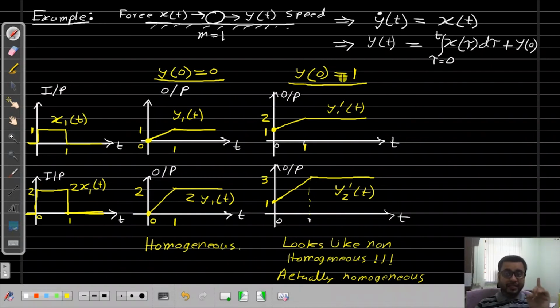So to check whether a system is homogeneous or not, you must always do these experiments under initially relaxed state, or under the condition that initial output is 0 and so on. If you do your test with output being non-zero, then this is not a valid test. This is not a valid test for homogeneity.